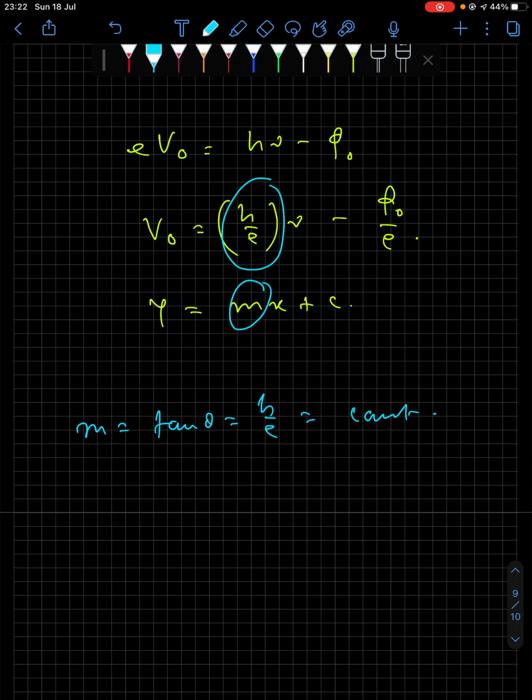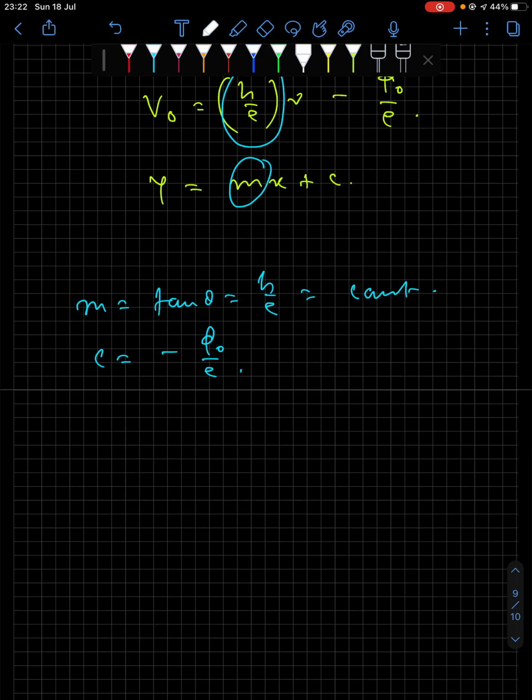But the intercept value is minus phi naught by e. So phi naught will vary from metal to metal, therefore the intercept varies from metal to metal, whereas e is constant here.